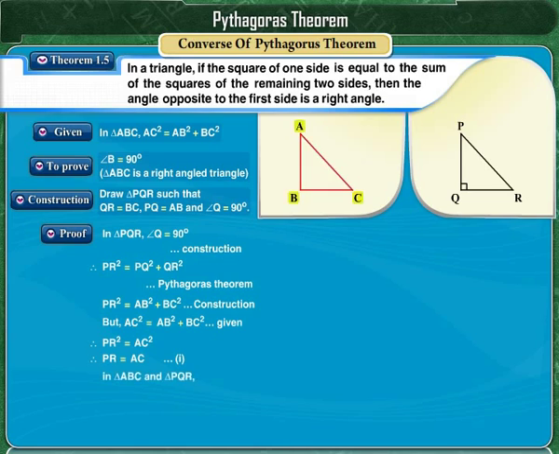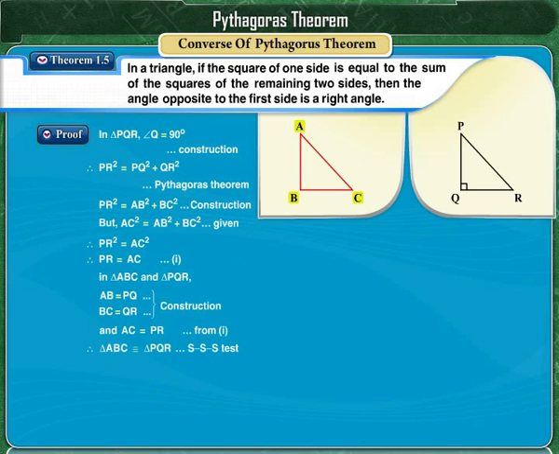Now, in triangle ABC and triangle PQR, AB is equal to PQ and BC is equal to QR by construction. We have already proved that AC is equal to PR. Therefore, by SSS test of congruency of triangles, triangle ABC is congruent to triangle PQR.